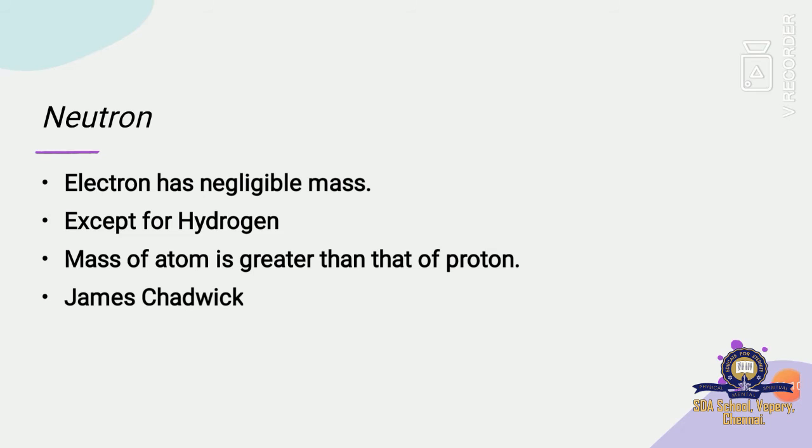So neutron does not have any electrical charge, and the name of this one more particle is neutron. Okay, and this was later found in nuclear reaction. The experiment was done by James Chadwick. Let us see what is the experiment.